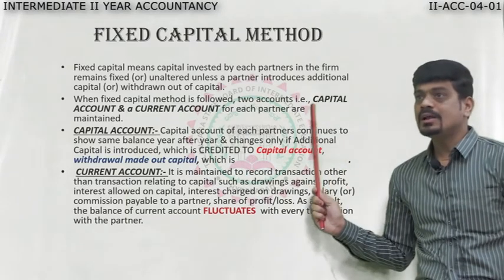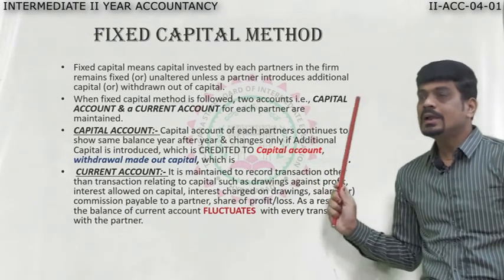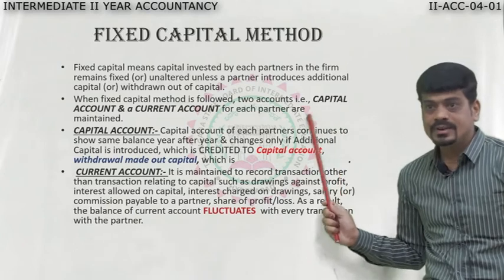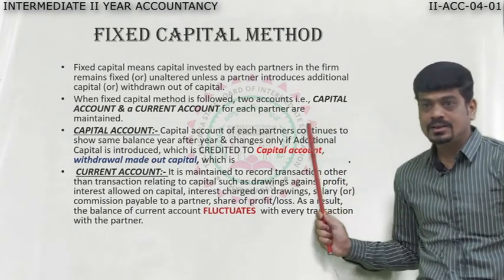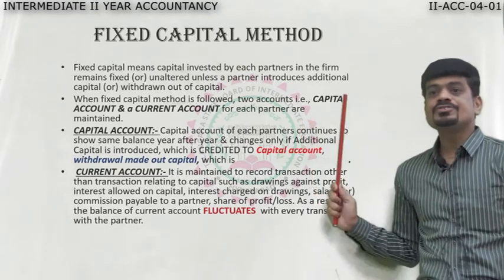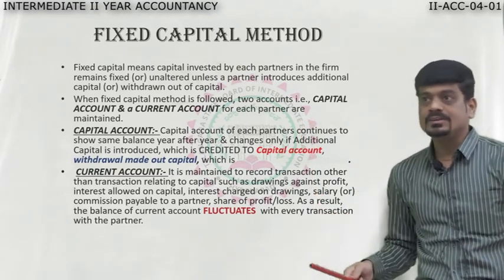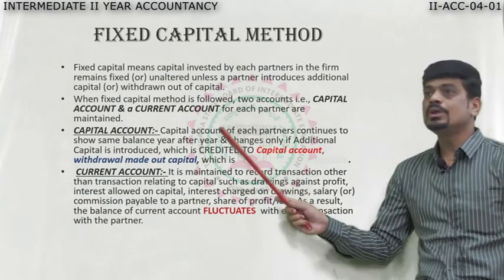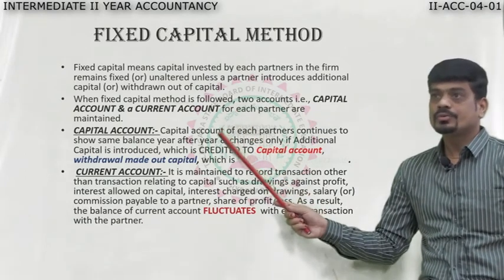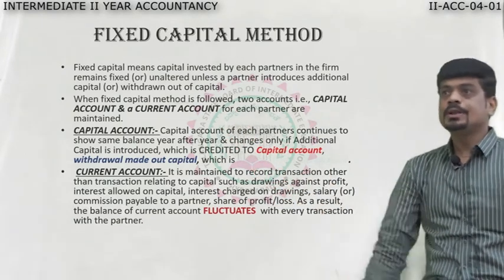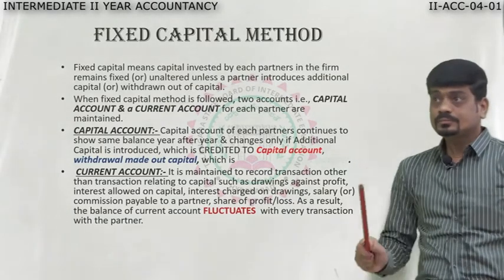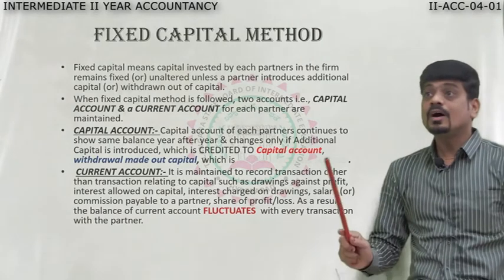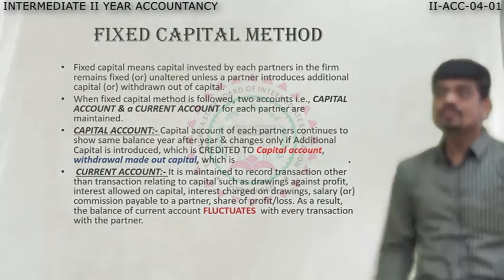In capital account, only and only the amount invested by the partner as the basic capital, or if he introduces any additional capital, that alone will be shown in capital account. And the most important point here, which generally no one will consider, is about drawings.